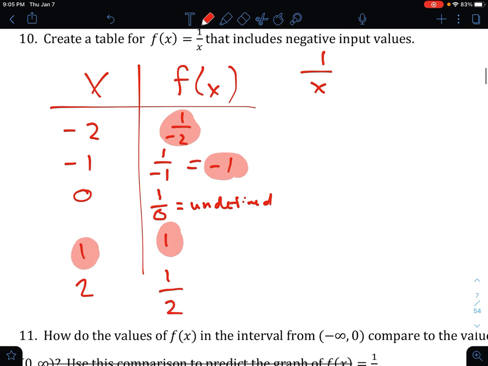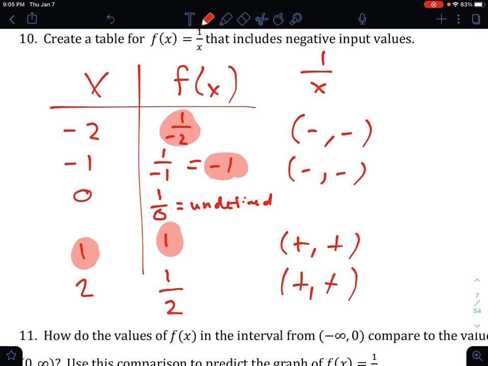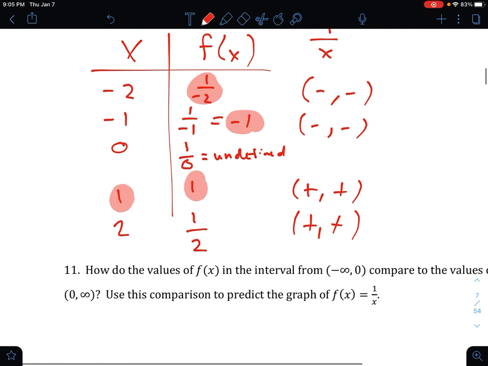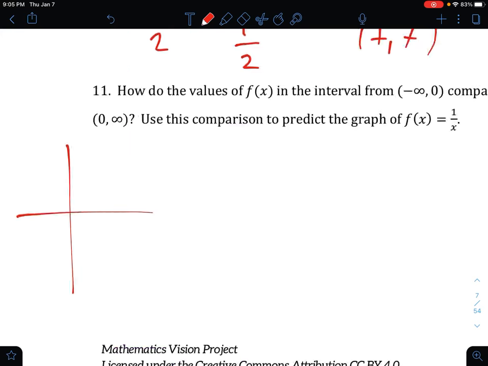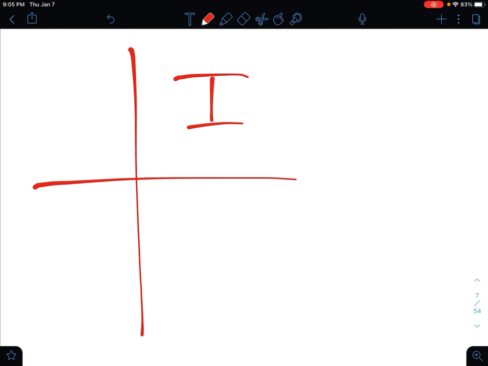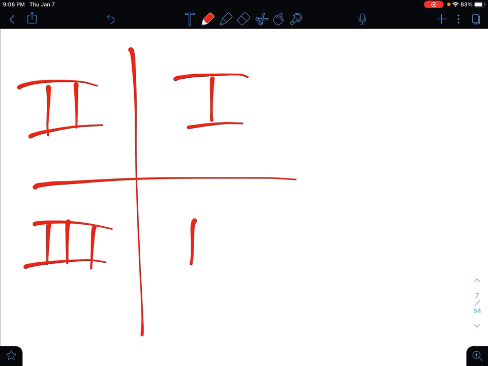So think about this. If you were to write this as a coordinate pair, you have negative, negative, negative, negative. These guys, you'd have positive, positive, positive, positive. They're asking you to predict. Well, think about the graph. You have 4 different quadrants. We have quadrant 1, quadrant 2, quadrant 3, and quadrant 4.